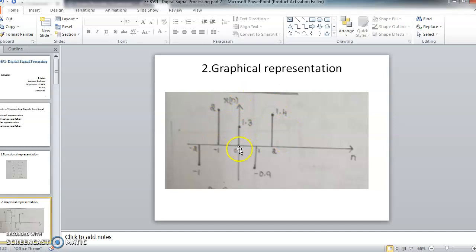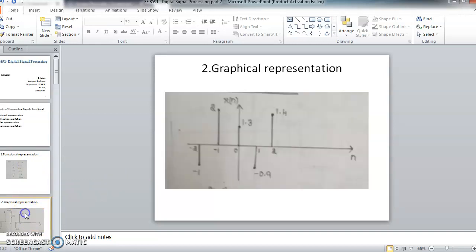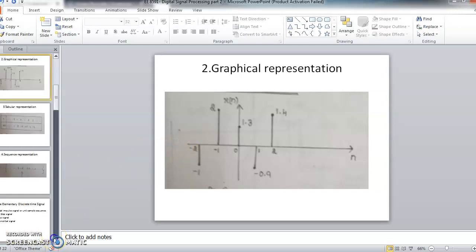For the example we first considered, for n equal to 0, x of n equal to 1.3, for n equal to 1 it is minus 0.9, and for n equal to 2 it is 1.4. So the same sequence from the functional representation is represented in a graph like this. This is named as graphical representation.